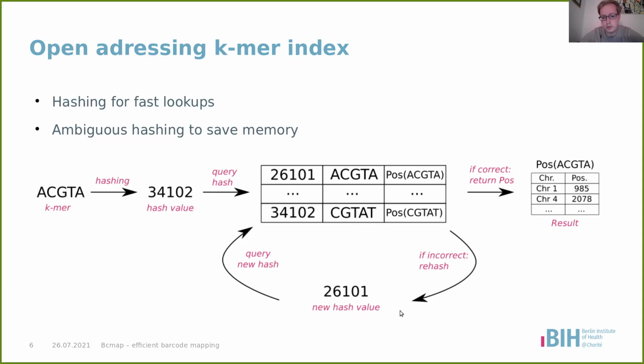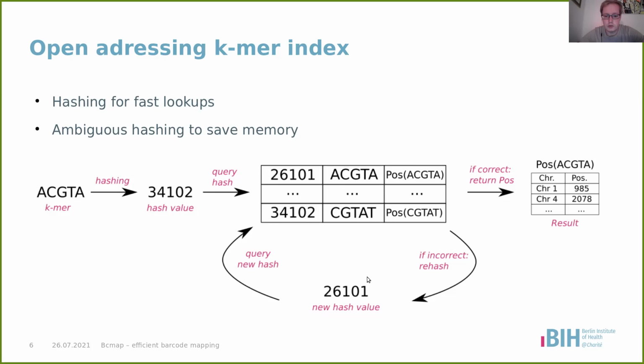If this is the case, we have to rehash, and the new hash value will be based again on the KMA, but also on the old hash value. Then we would query this new hash value. Eventually we will find the correct position in the hash table, and then we can extract all positions on the reference for the queried KMA.